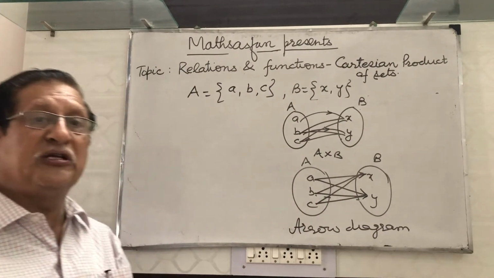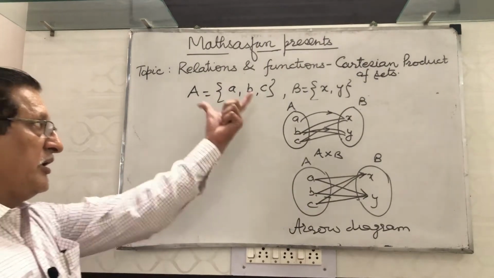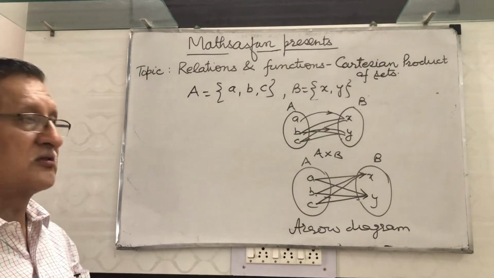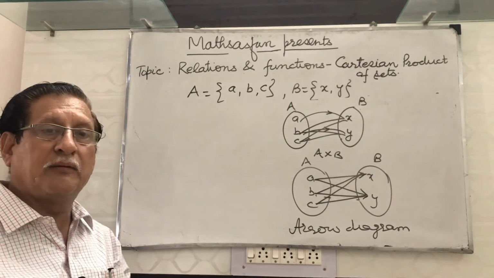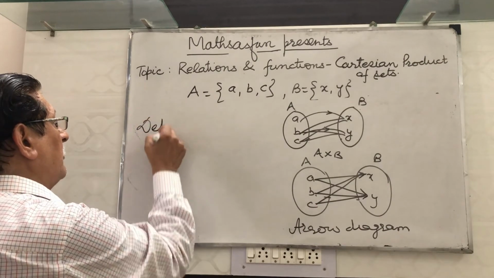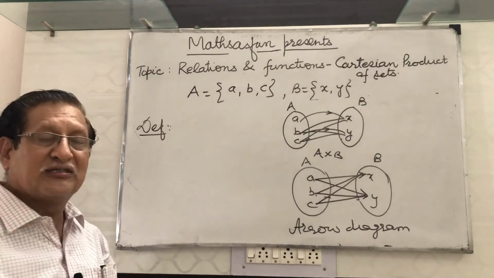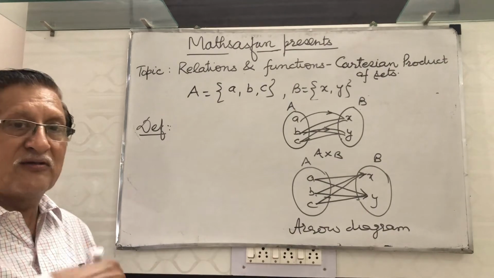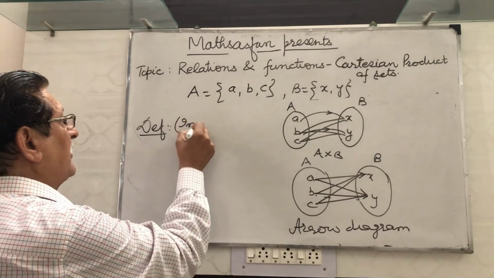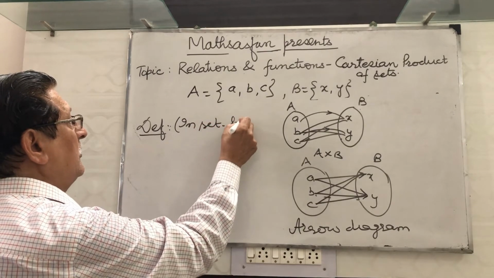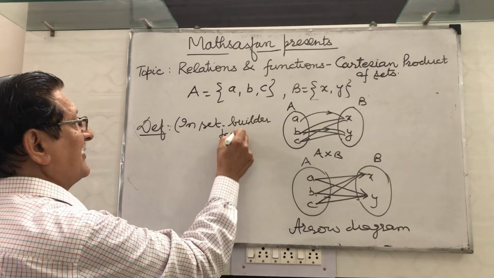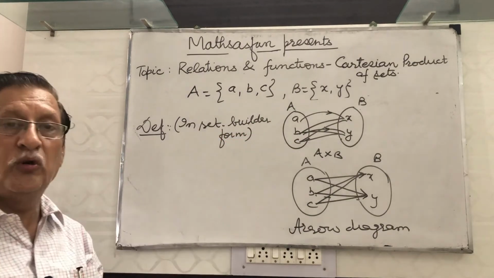But what about the definition? The definition I have given you: A cross B is the set containing the ordered pairs in which the first component is from A and the second component from B. But the definition can be given in another form also. You know there is one known as set builder form. In case we want to define the Cartesian product in set builder form, the other name for set builder form is rule form, because we have to write the rule.